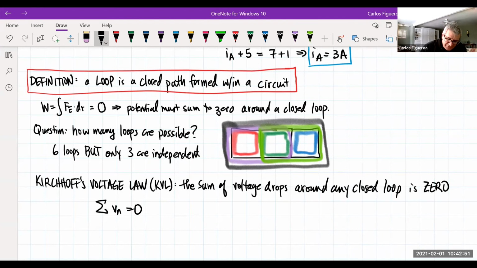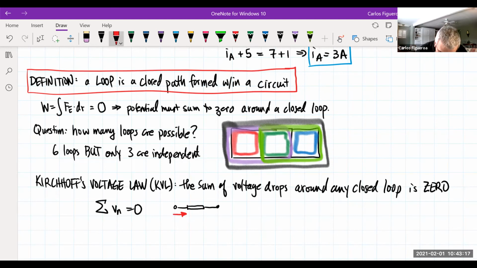What this really means is that if I go around a loop and I see an element where the current goes this way, then we call that positive. Let me be very careful here.